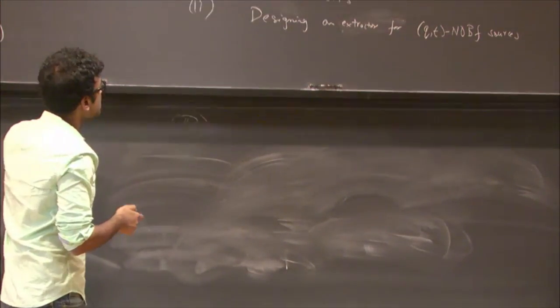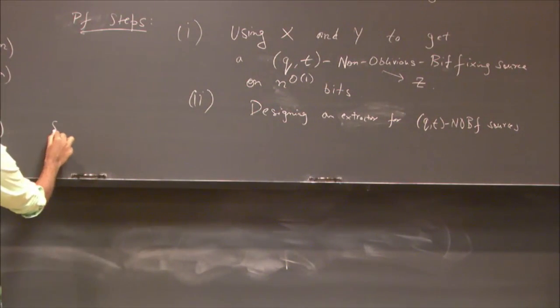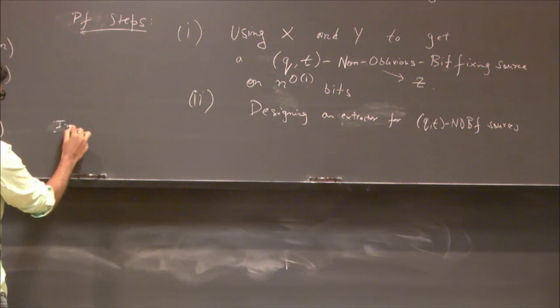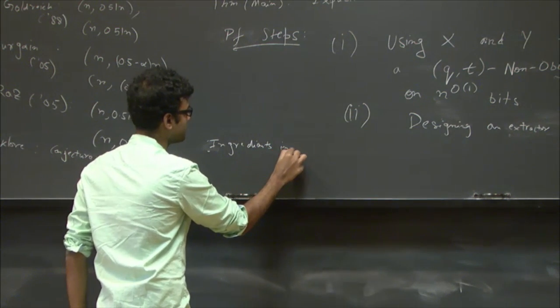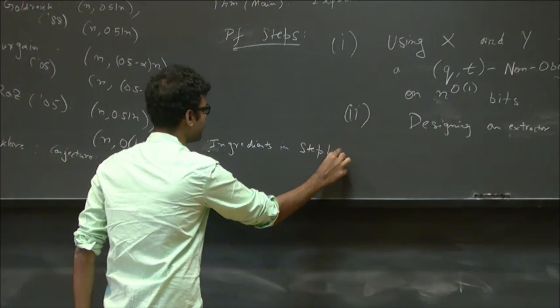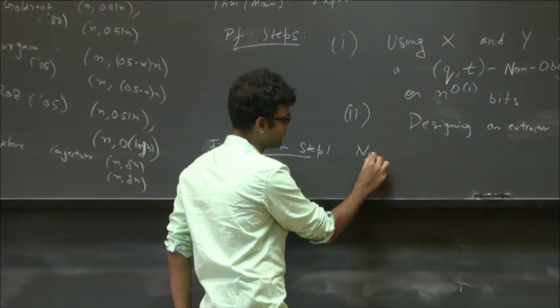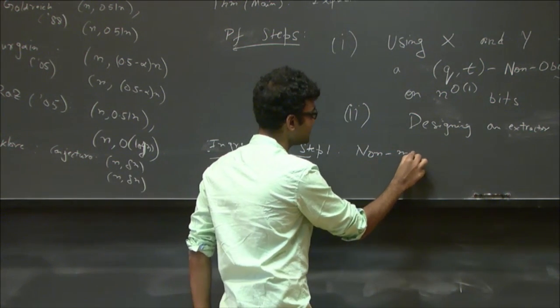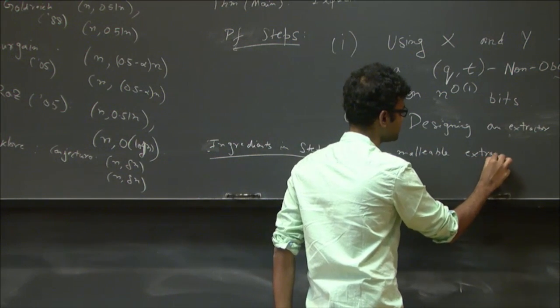Okay, so I'll briefly mention that some ingredients in step 1 are some objects called non-malleable extractors.